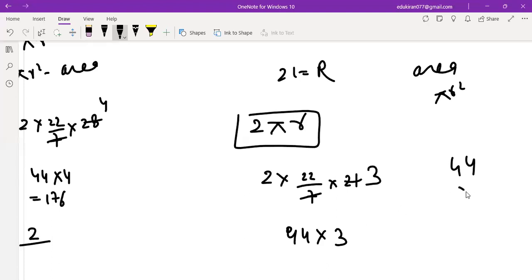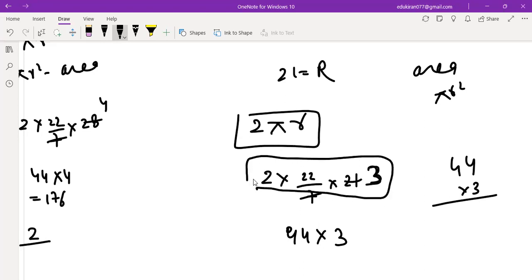After that, something is there. I crossed it out. Why did you cross it out? So you get 3 here. Now you have to multiply all this. 2 multiplied by 22 gives you 44, multiplied by 3. So 4 3s are 12. 142 you got.